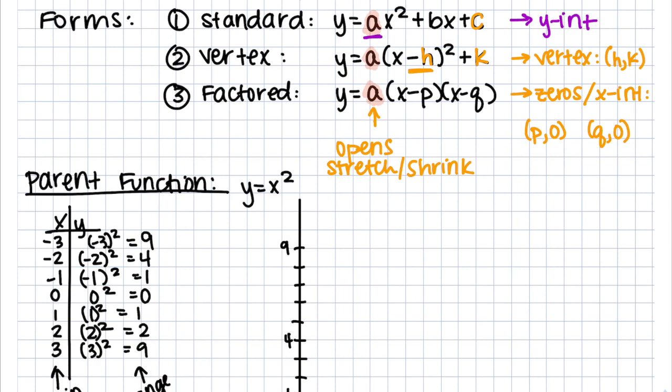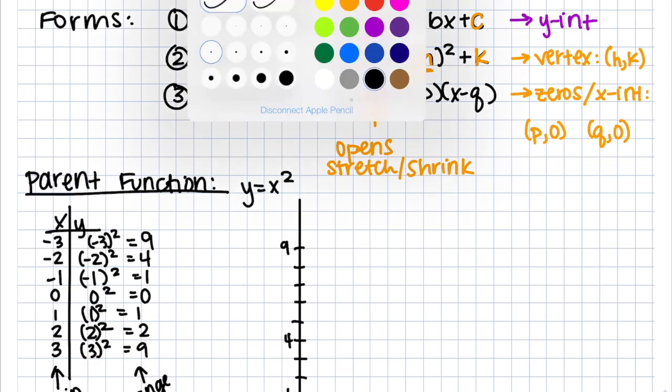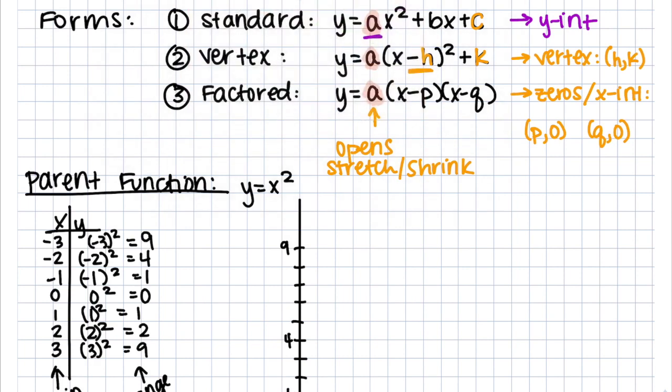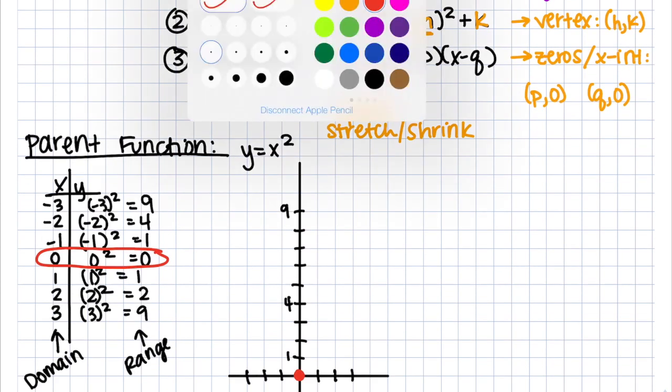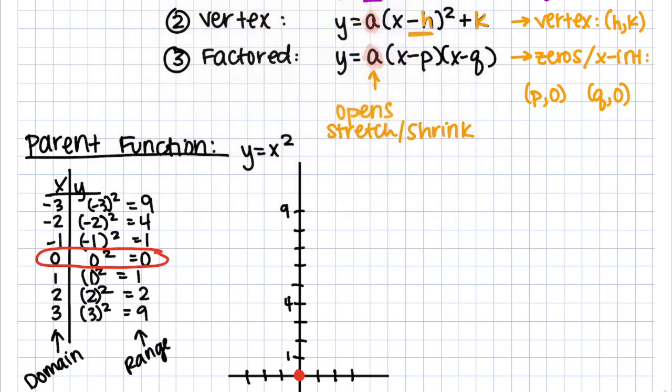All right, so if I plot my points, I'm going to put this one in red, and then I'm going to put the other ones in orange. So we have left 1, up 1, right 1, up 1. (-2, 4) and (2, 4). (-3, 9) and (3, 9).